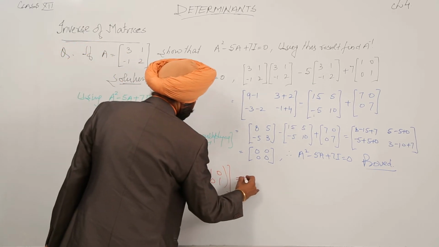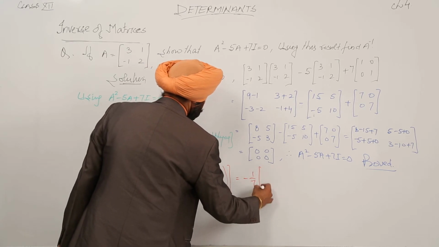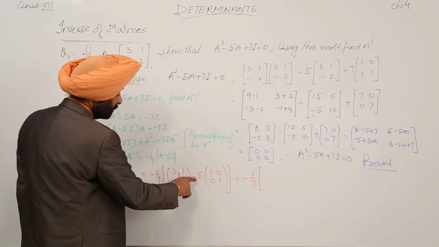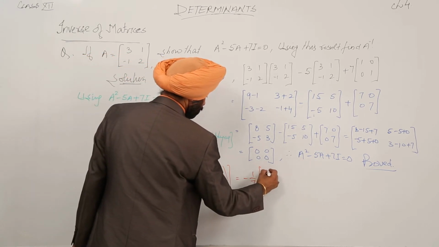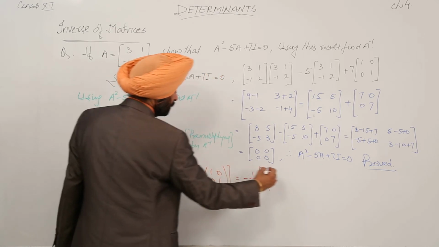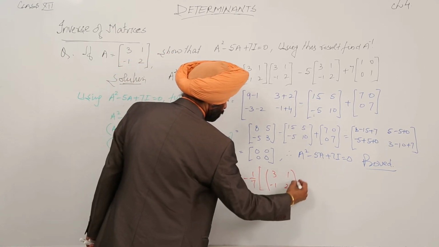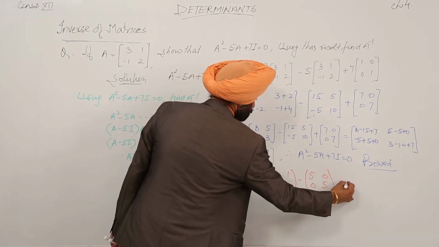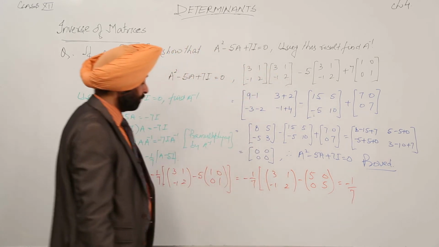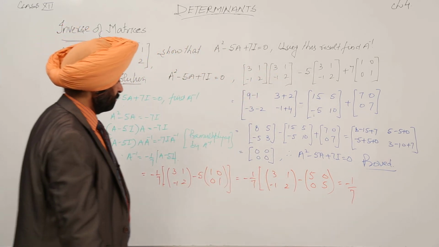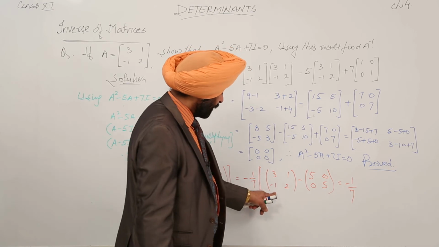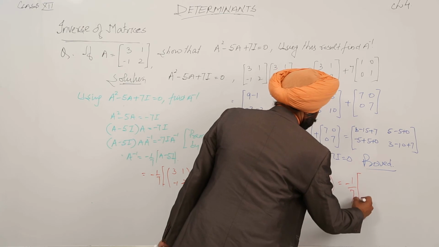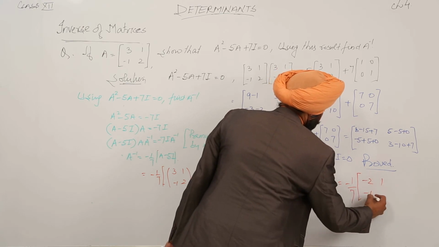So this further becomes minus 1 by 7 times [3, 1; -1, 2] minus [5, 0; 0, 5]. This is equal to minus 1 by 7 times: 3 minus 5, 1 minus 0, minus 1 minus 0, and 2 minus 5, that is minus 3. So we have [-2, 1; -1, -3].